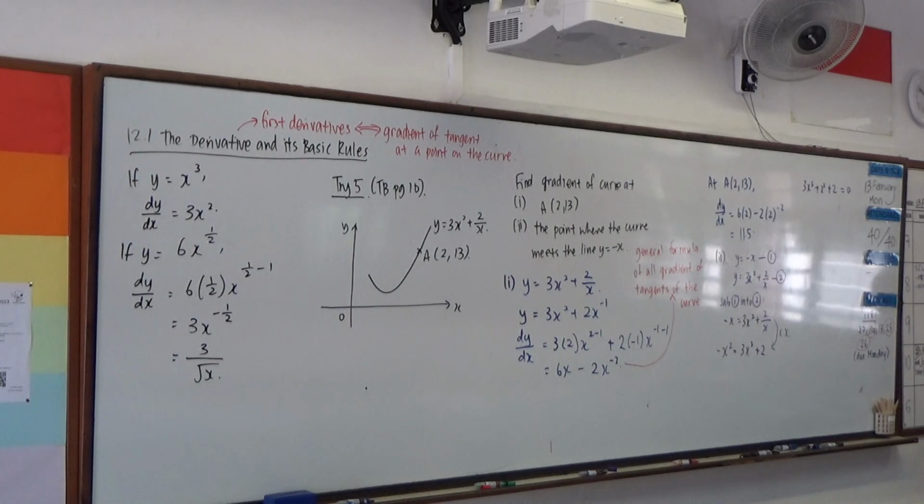Now we have 3x cubed plus x squared plus 2 equals 0. I want to find the intersection point. How now? What should I do to solve this question? Any ideas? Is this familiar to you?